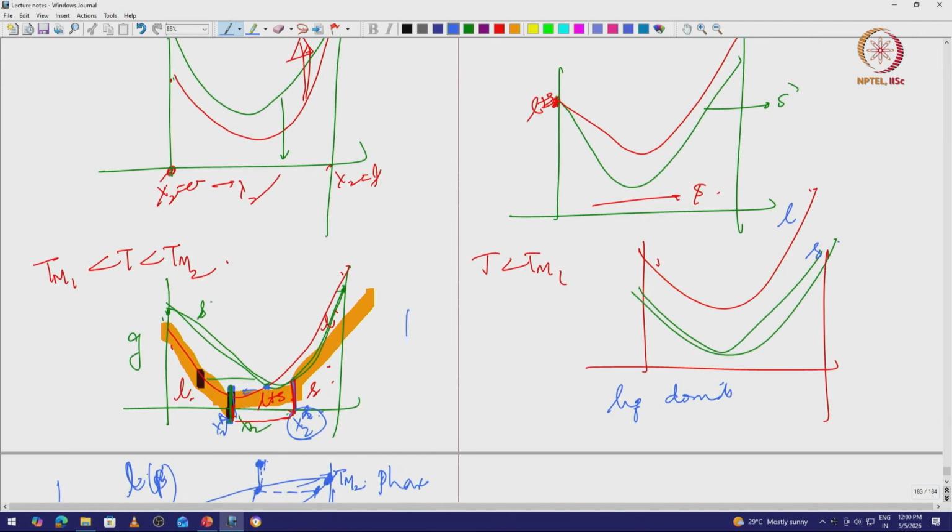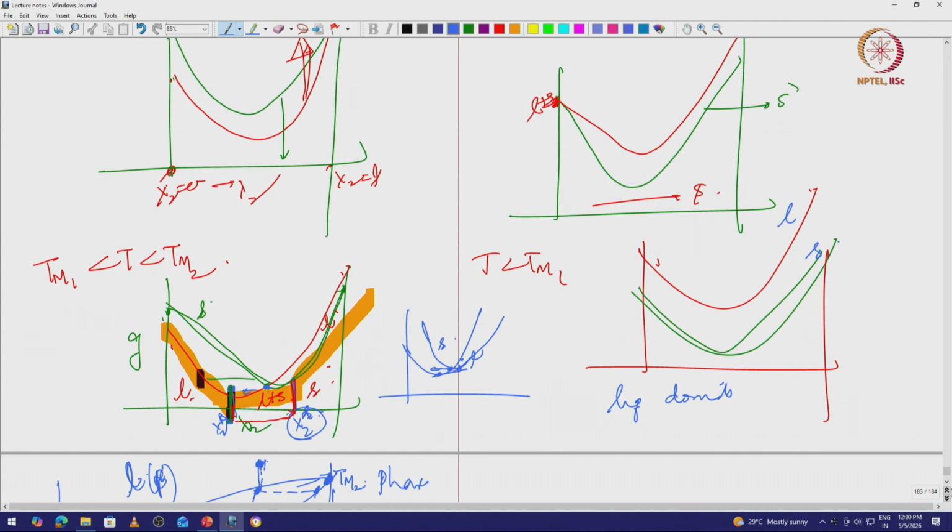So in the next curve, if I just draw it, this is the liquid, this now becomes the solid. So this point has further moved to the left. It was somewhere here, it has moved to the left, and so my x2 alpha and x2 beta also change.